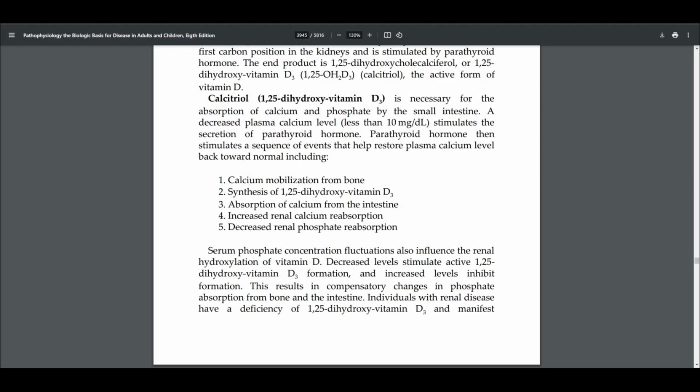Parathyroid hormone then stimulates the sequence of events that helps restore plasma calcium level back to normal, including calcium mobilization from the bone, the synthesis of 1,25-dihydroxyvitamin D3, absorption of calcium from the intestine, increased renal calcium reabsorption, and a decreased renal phosphate reabsorption.